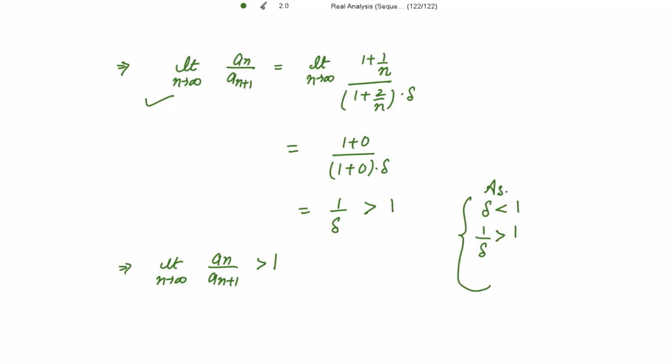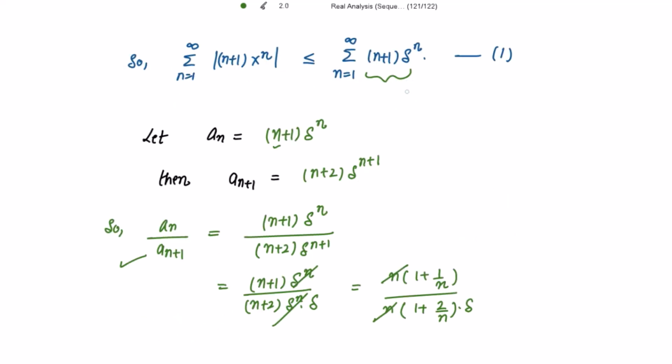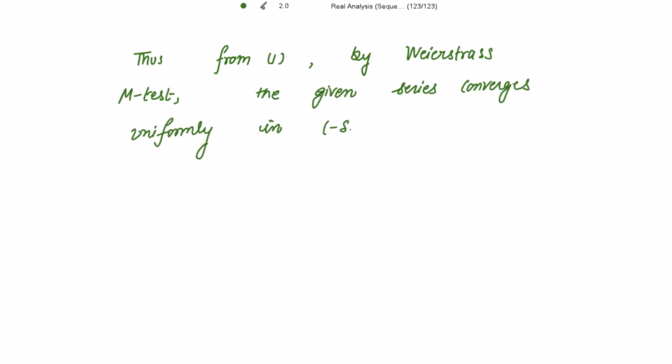Therefore, by D'Alembert's test, the series summation n going from 1 to infinity n plus 1 delta to the power n is convergent. So this right hand side is convergent, which is your Mn. Thus, from 1 by the Weierstrass M-test, the given series converges uniformly in the open interval minus delta to delta. Hence the result.